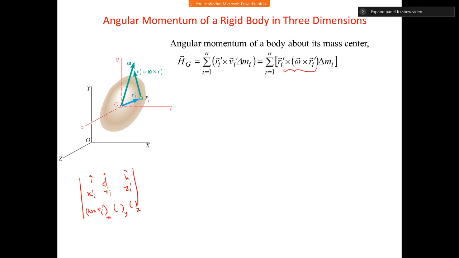So now what I'm expressing here is this cross product, a cross product of the ri vector with this velocity vector.